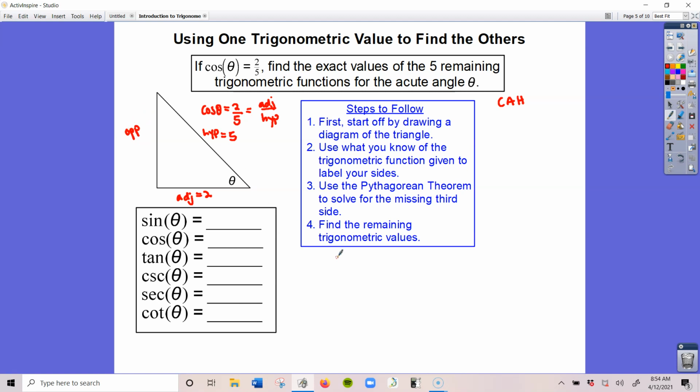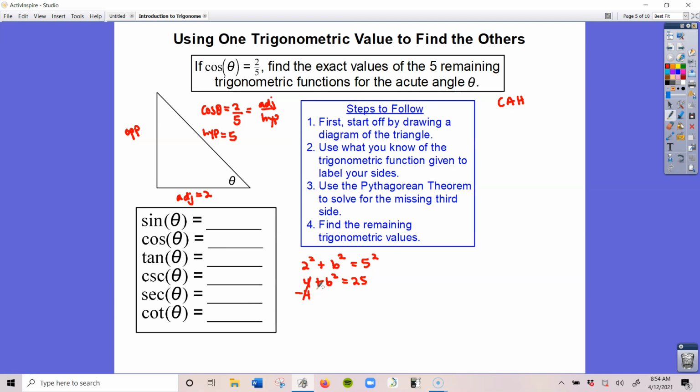remember that we're going to use the Pythagorean theorem, which is step 3. So we have one leg, which is 2 squared, plus, I'm looking for my other leg, so I'll call that b squared, is equal to my hypotenuse, which is 5 squared. This gives me 4 plus b squared is equal to 25.